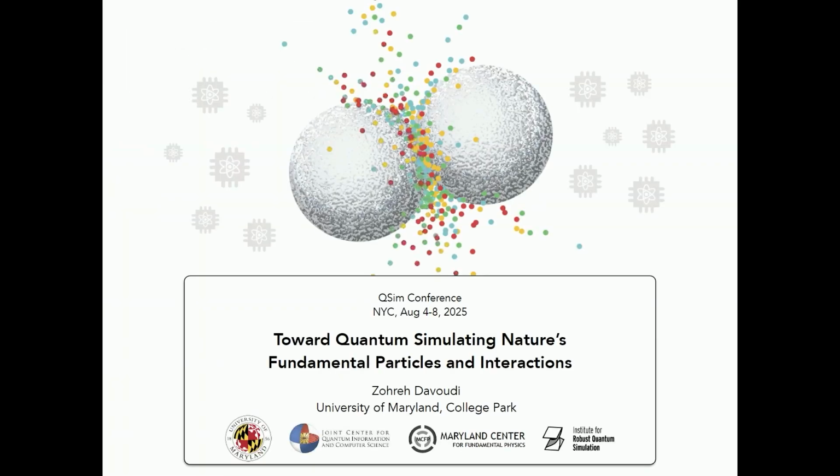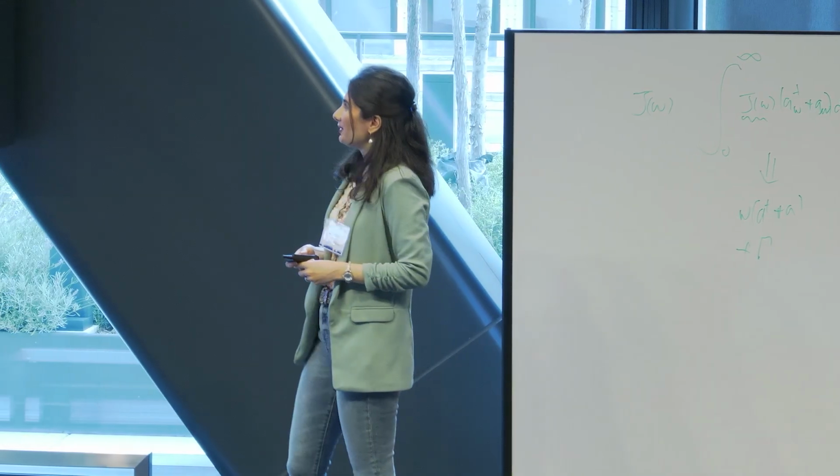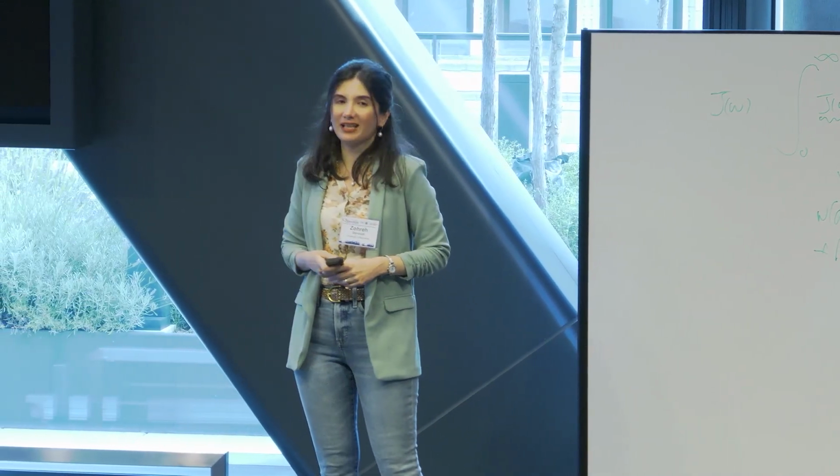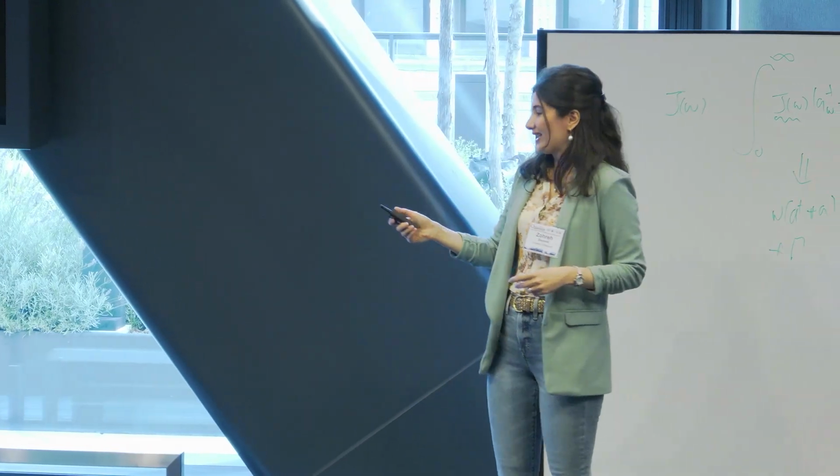All right, so I'm going to tell you a bit more about this program on quantum simulation for nuclear and particle physics. How do we go about simulating nature's fundamental particles and interactions?